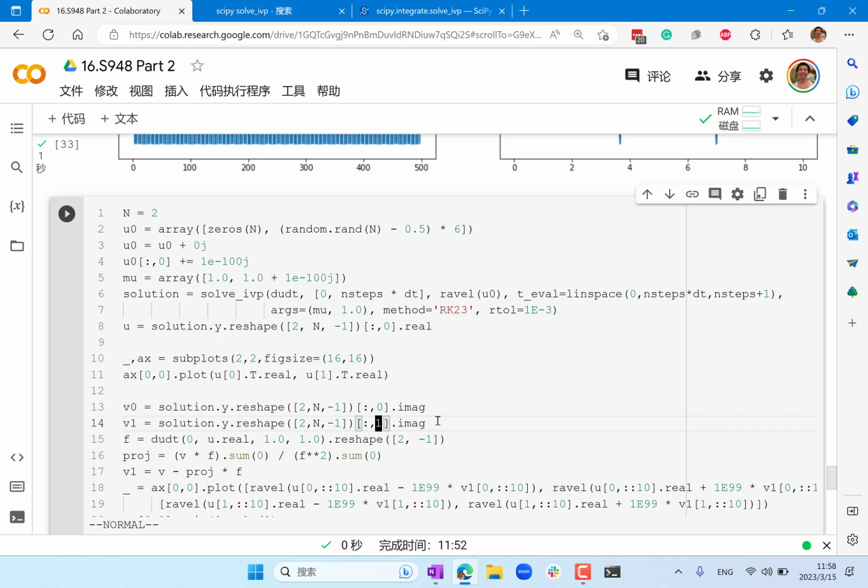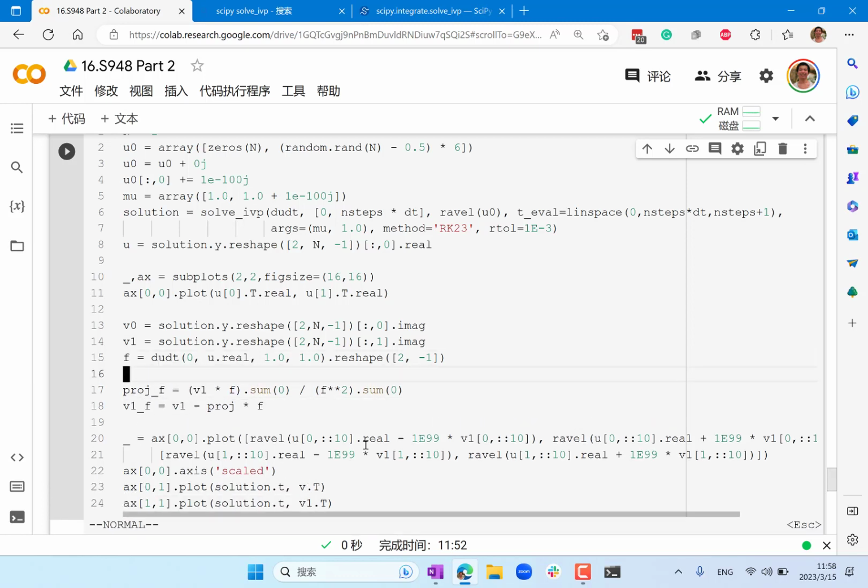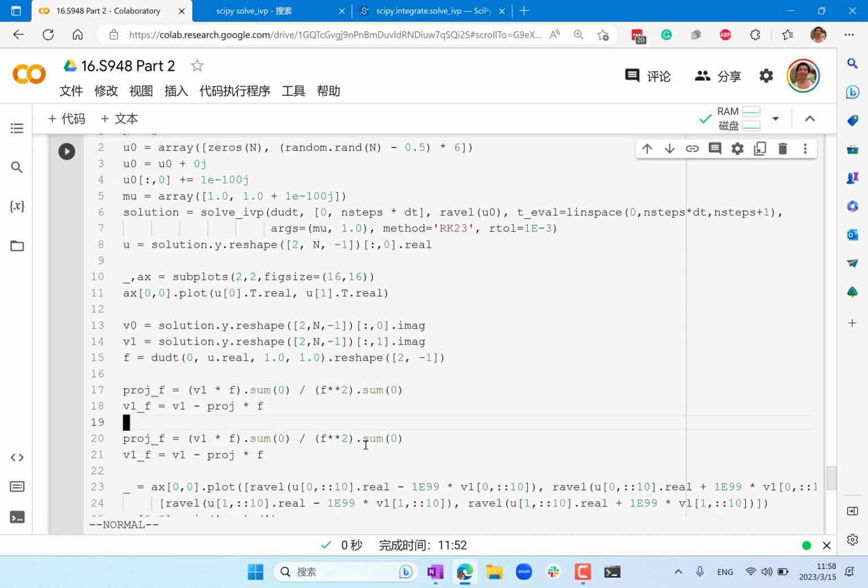Okay. And now I have my f, but let me say v1 corresponds to the previous solution, right? So let me say projection with f is equal to this, and v1f is equal to v1 minus this times f. But let's compute another projection. Let's project out, instead of f, the tangent, the homogeneous tangent solution.